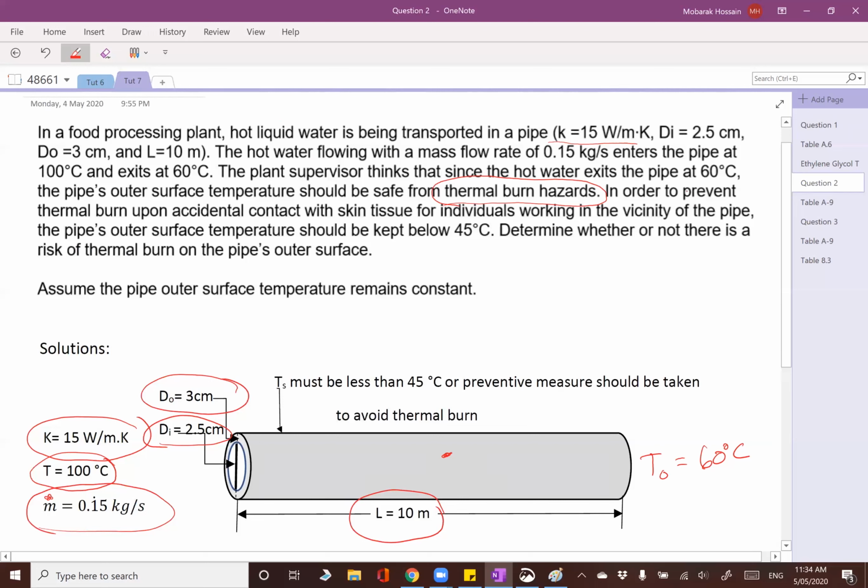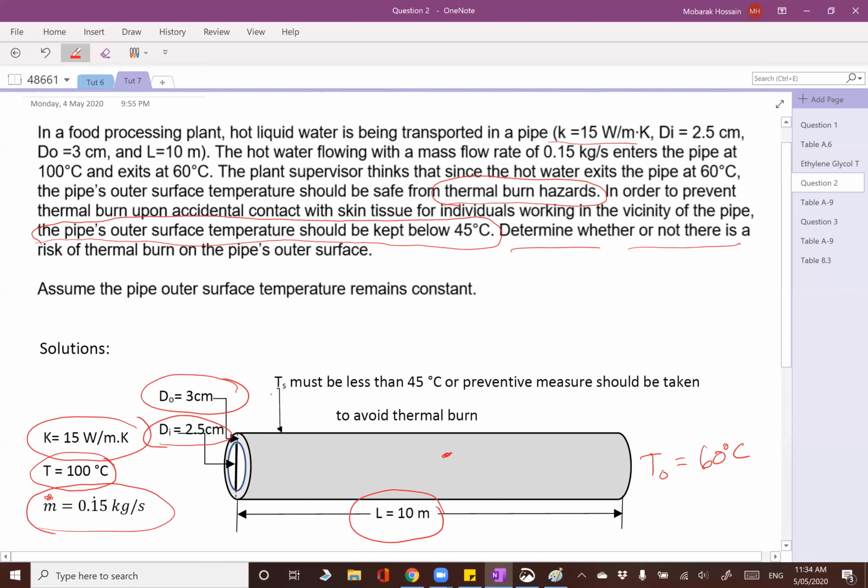In order to prevent the thermal burn, the pipe outer surface temperature should be kept below 45 degrees Celsius. Now determine whether or not there is a risk of thermal burn.